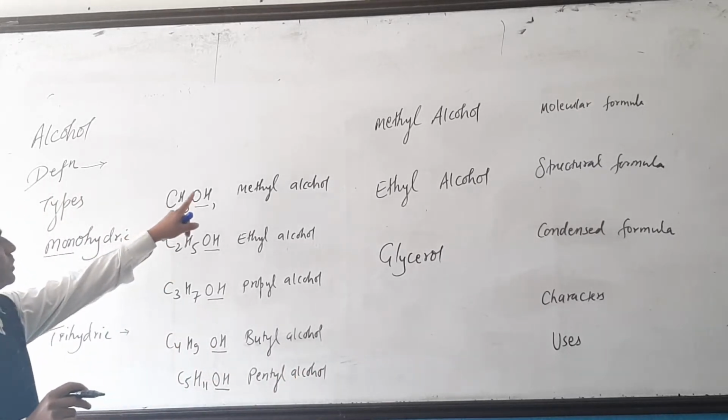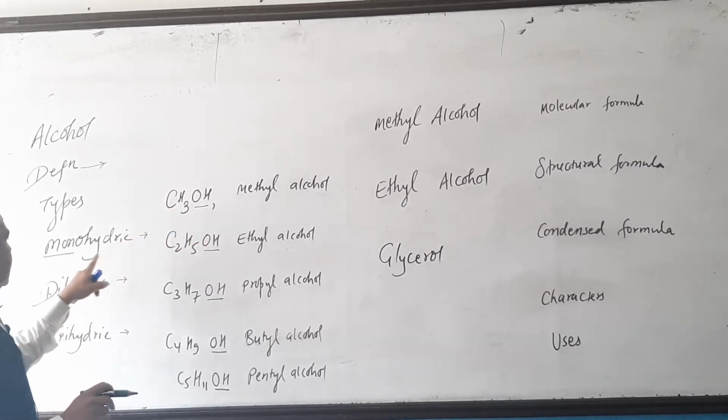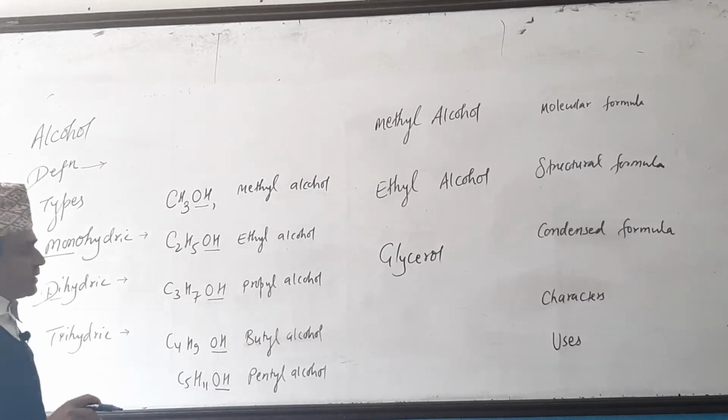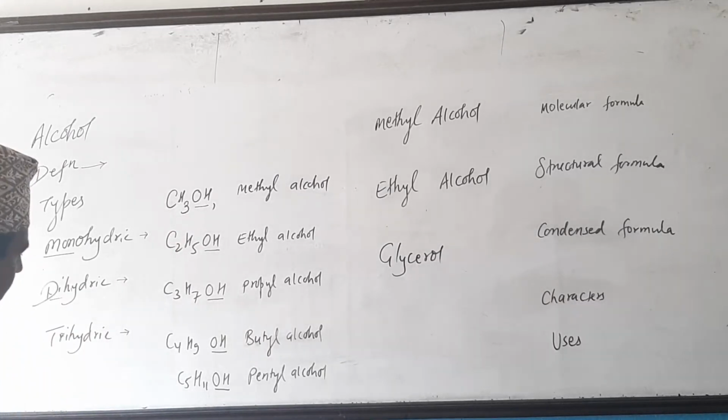If there is the presence of one OH radical in an alkyl group, that is monohydric alcohol. These are the examples of monohydric alcohols.